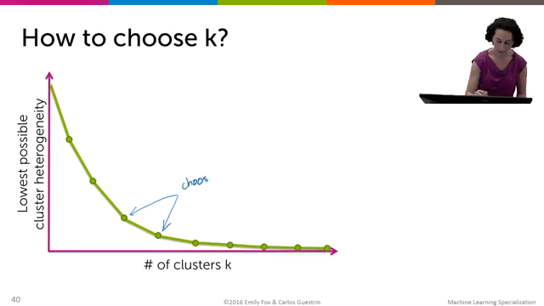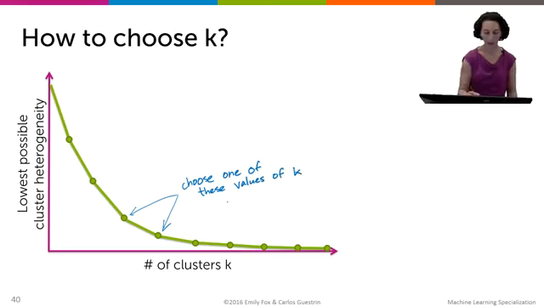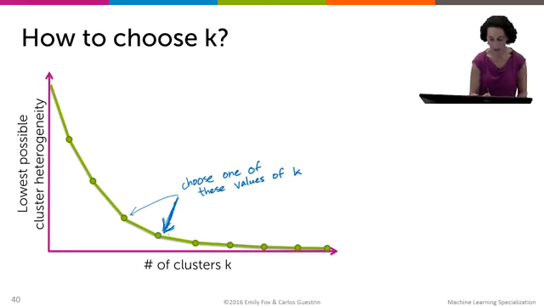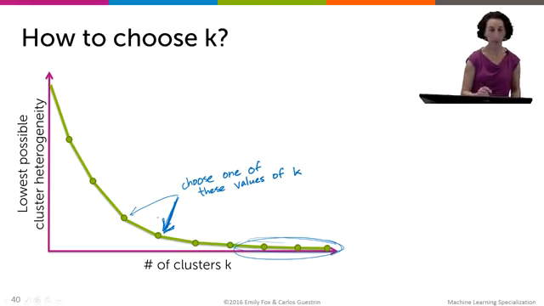So I'll just say choose one of these values of k, where maybe I would prefer this value of k because the difference in heterogeneity relative to values much, much larger is not very big. But this should provide a more parsimonious description of my data than using this much, much larger k. But this is just a heuristic.